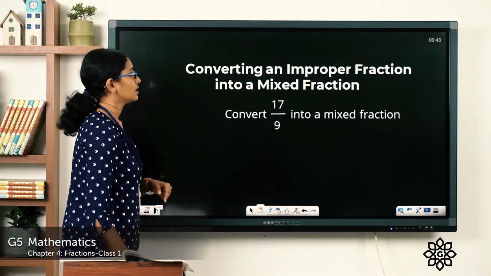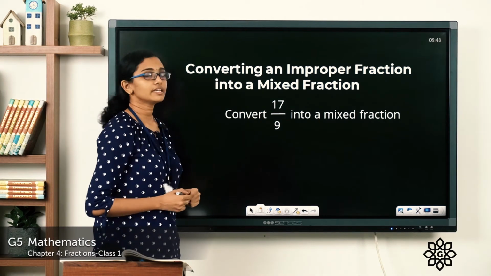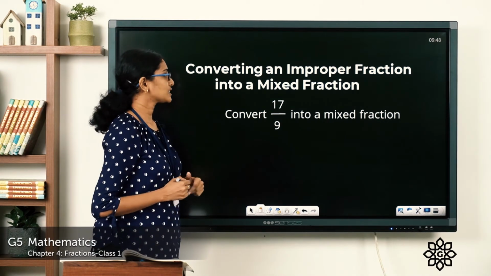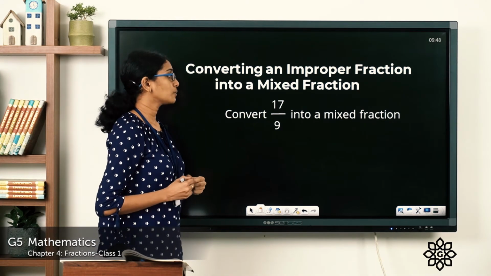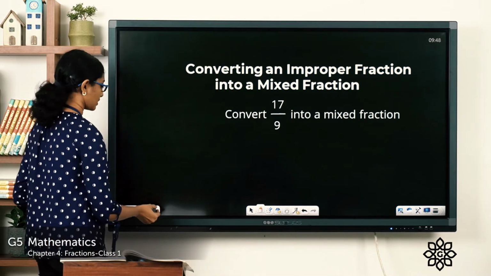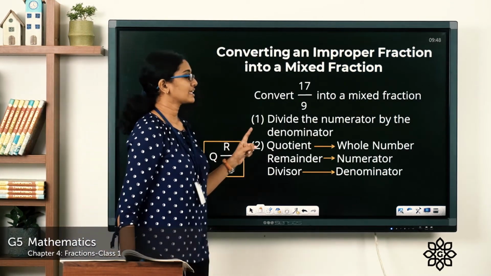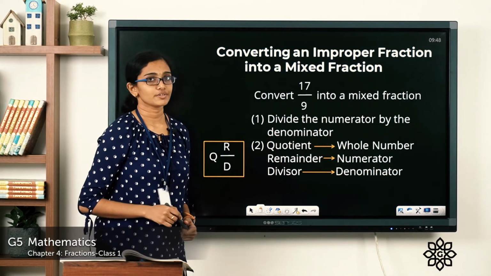Now, we'll see the reverse of it. You're asked to convert 17 by 9 into a mixed fraction. So, you have an improper fraction here. You're asked to convert that into a mixed fraction. Let's see what the steps are for that. First, you have to divide the numerator by the denominator, like in the long division method.